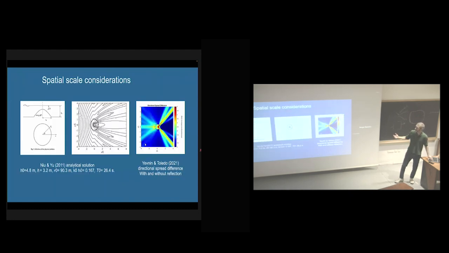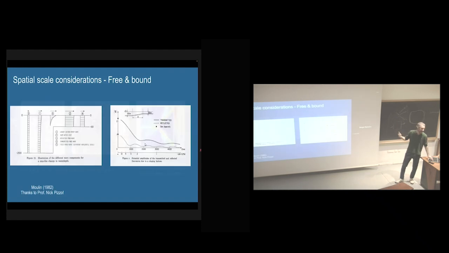Another spatial scale consideration is that we have bathymetry, and that changes the waves. So can we really do a wavenumber Fourier transform and expect everything to look like sinusoids on large scales? I don't know, and we need a new way maybe to do it. Another thing, thanks to Nick Pizzo, I don't know if he's here, but he dug up this paper from '82: these waves reach bound, that's deep water for these waves, and they reach the shelf.